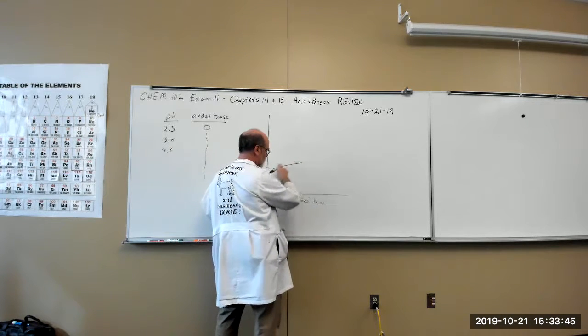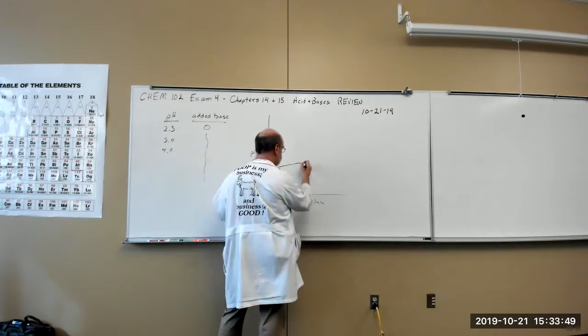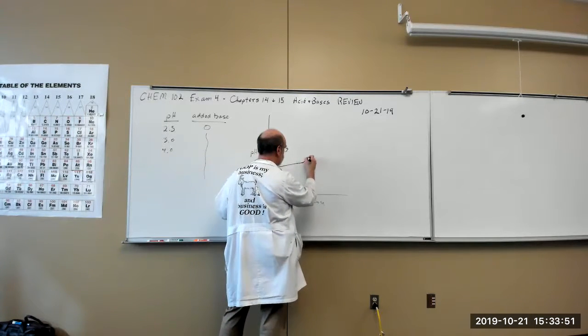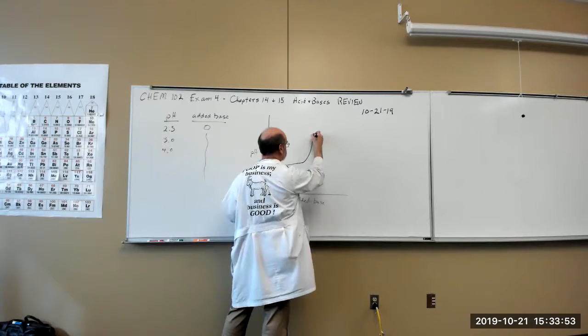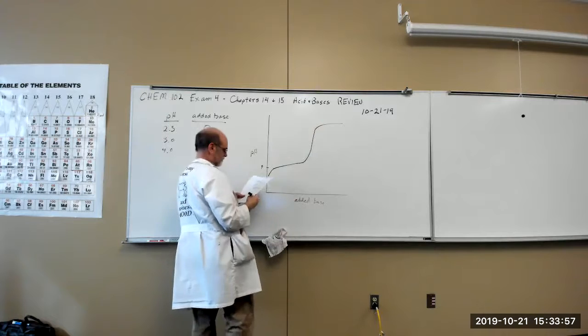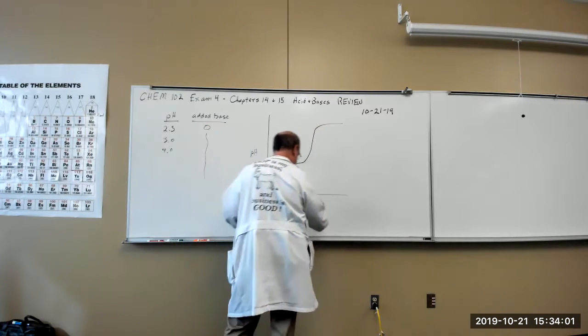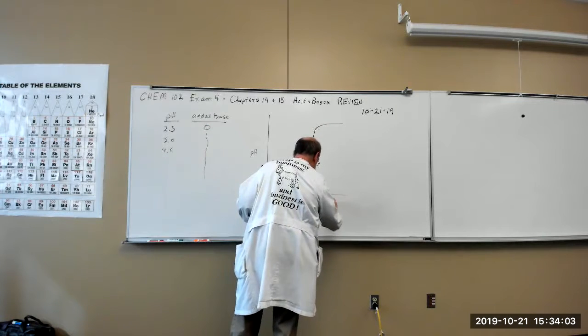That's the buffer region right here, because the pH is not changing much. And then once you've exceeded your buffer, it's going to go like that. Flatten out at the top. Okay? This is going to be in milliliters.